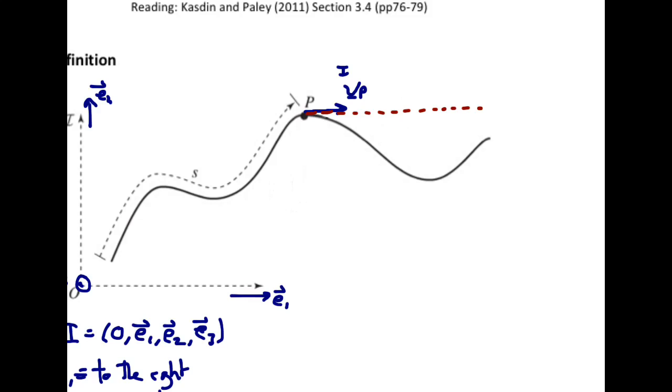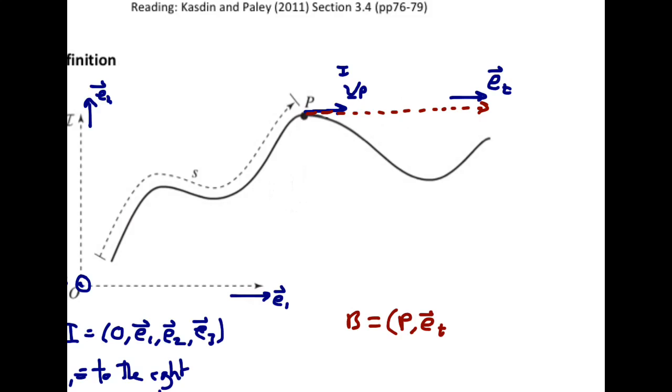So this would be frame B. B is going to have an origin at point P, so it's an origin on the particle. And we're going to have a unit vector that defines that direction, which is in the direction of the velocity, or tangent to the path, E sub t. So it's a tangential unit vector. So our first vector is E sub t.